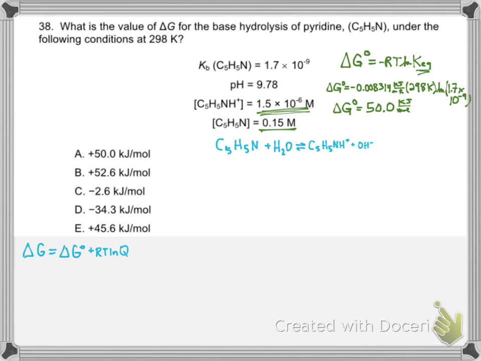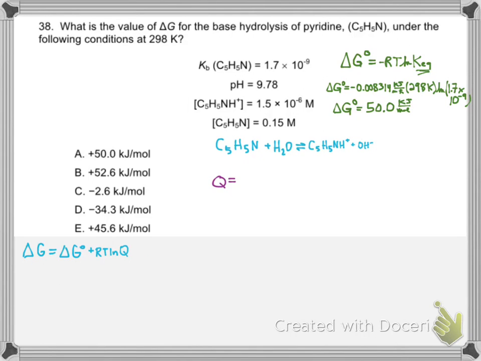We better invoke an equation that relates delta G to delta G standard under non-standard concentrations. But do we have an equation with that power? Why, yes, it's actually already written down here. All right, so let's use this and figure out what our delta G is.